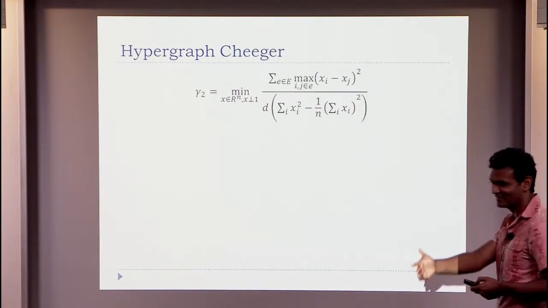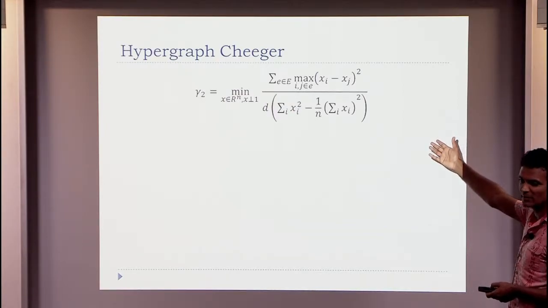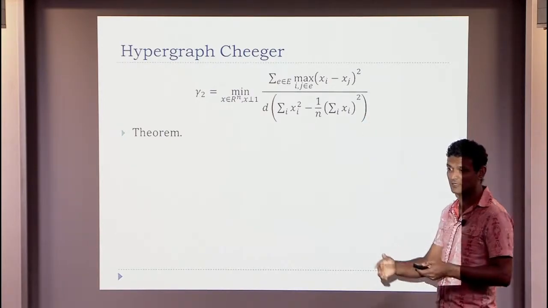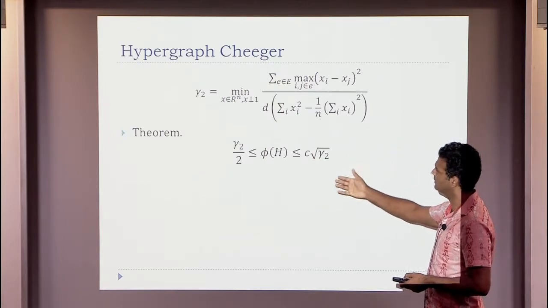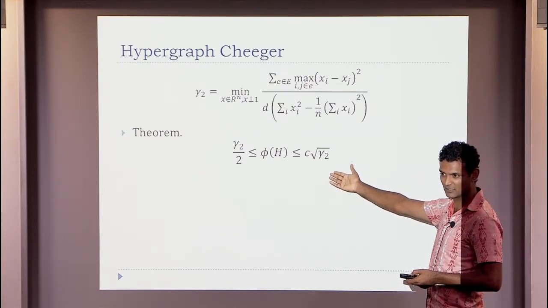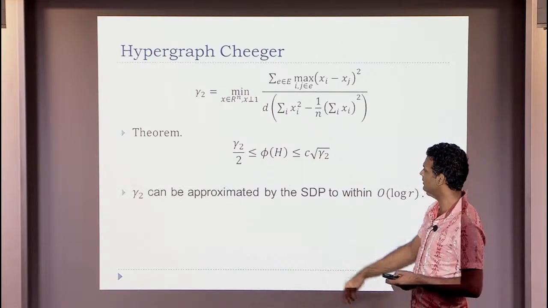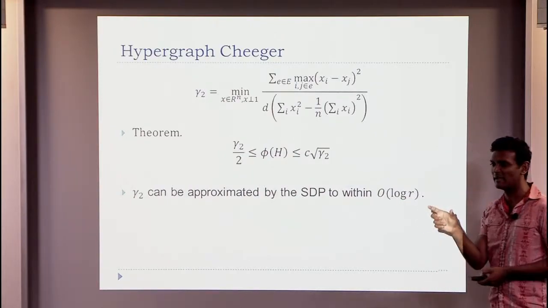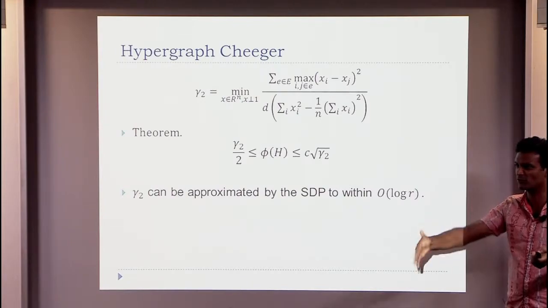And then why not define a parameter which is an SDP, the same SDP, except the set of constraints, instead of being 1 for each vertex, is now 1 for each hyperedge, and you get this using the same method as Bobkov-Houdré-Tetali for this parameter. In fact, you can approximate this to within log R, where R is the maximum size of a hyperedge, because you have to take the max over R Gaussians.